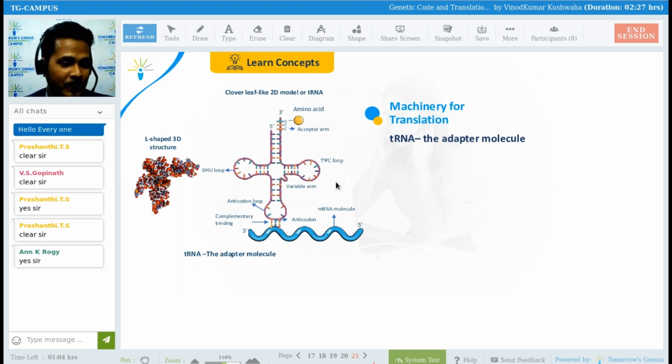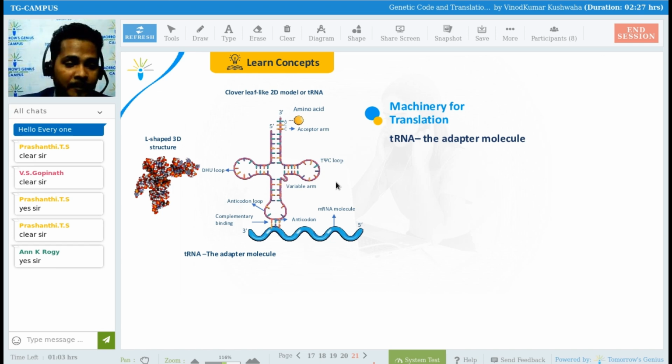Read the genetic information, okay? Read genetic code, okay? Bring the desired amino acid. Wow, that's great. One more character is there, I think, right? Yes, place the amino acid at the proper particular place, so we can say the proper place, right?